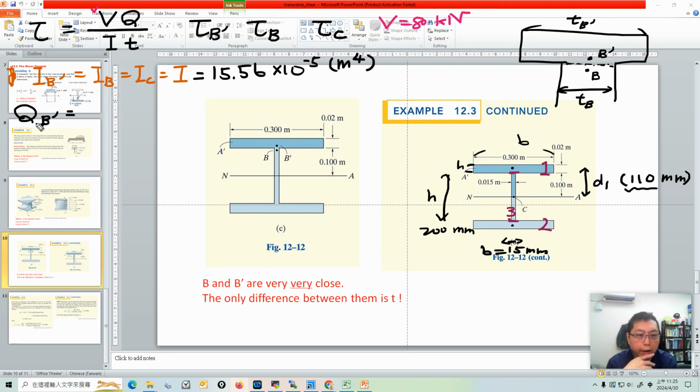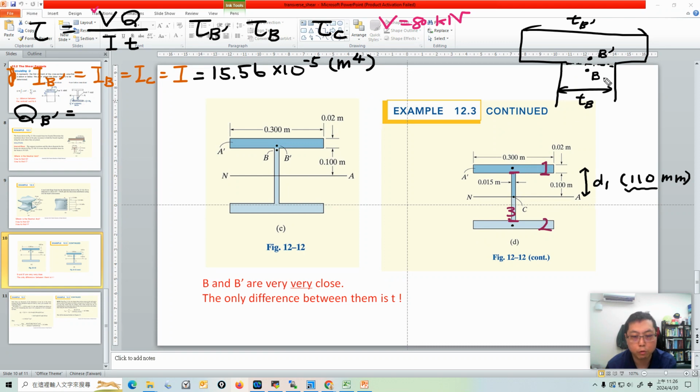Then there is some rule. We have talked about this in the previous slide. This is our neutral axis here. Right now, no matter whether it's B prime or B, it's above the neutral axis.